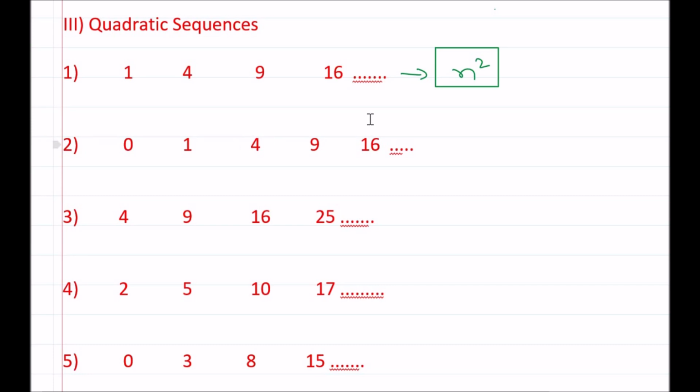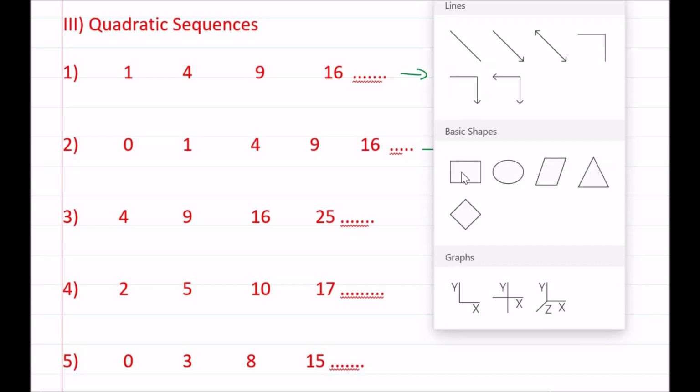So 0 square is 0. 2 minus 1, 1. 1 square is 1. So we are getting the sequence. That means the answer for this will be n minus 1 square. Let me put it in the box.